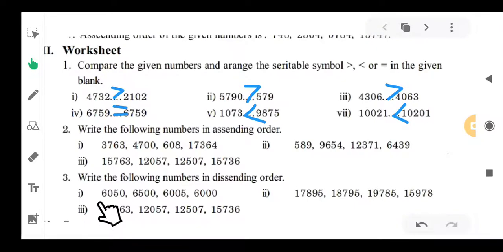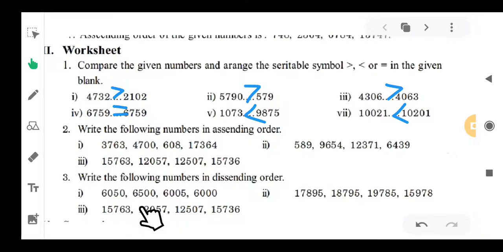So in all thousands place there are 6, but if you compare the next place, this is 0, this is 5, this is 0, this is also 0. So this is the bigger one than these 3. So in first place the 6,500 will come.